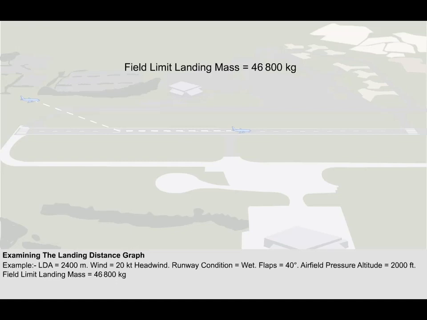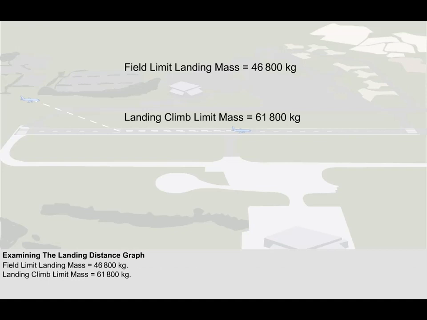However, there were other requirements that the aeroplane had to meet. Remember that the aeroplane must also ensure it can meet the landing climb requirements. From an example we went through earlier, let's assume the landing climb limit mass is 61,800 kilograms. There is one more mass to consider.